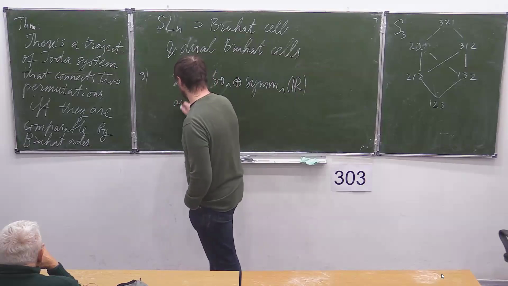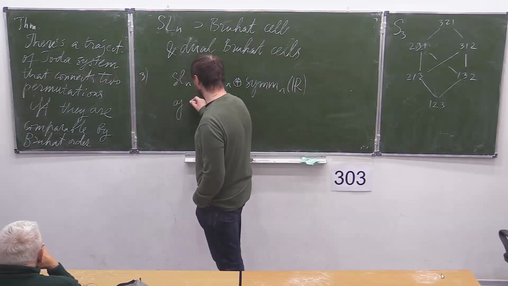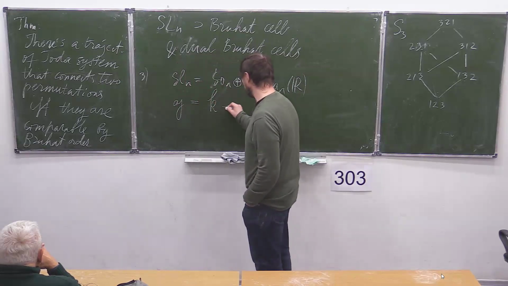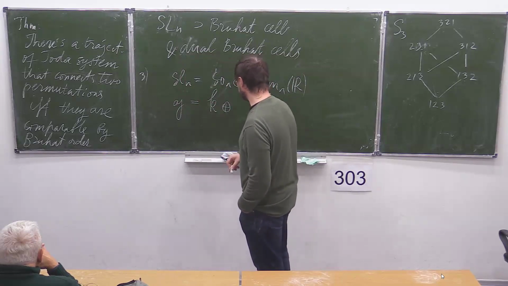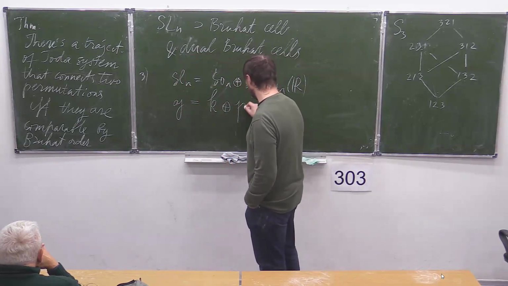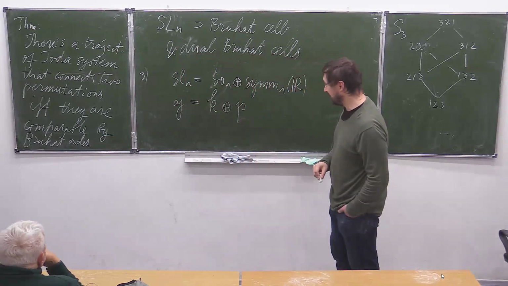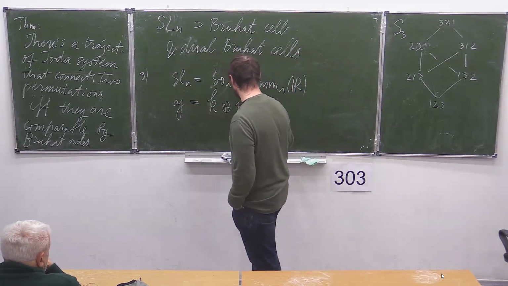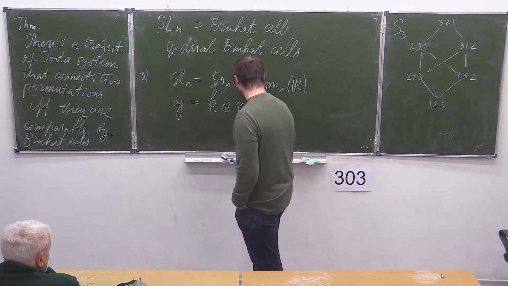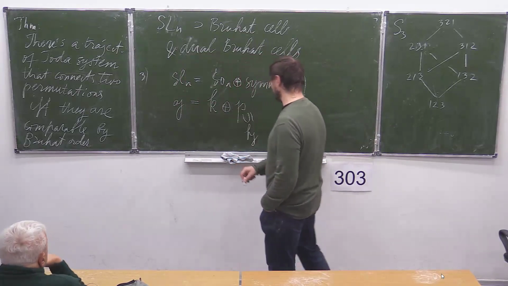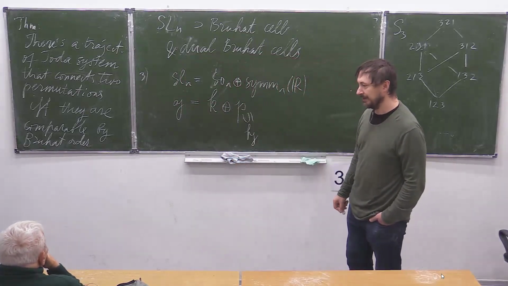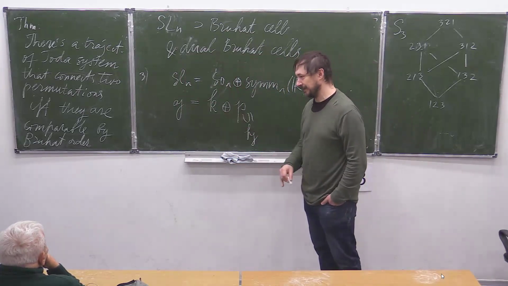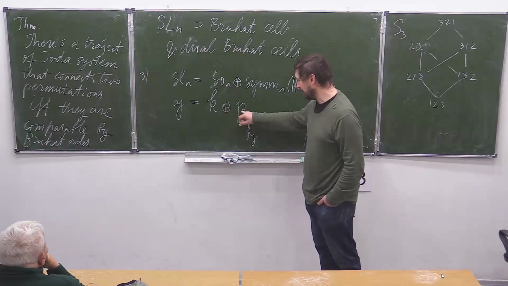So let G be a real form of a semi-simple Lie algebra. Then we have the Cartan decomposition into a direct sum of the maximal compact subgroup and some subspace P. We can assume that this subspace P contains the Cartan subalgebra. It's not always the case, but in most situations it is. It is called the split and non-split case. So let's assume that the Cartan subalgebra is completely inside P.